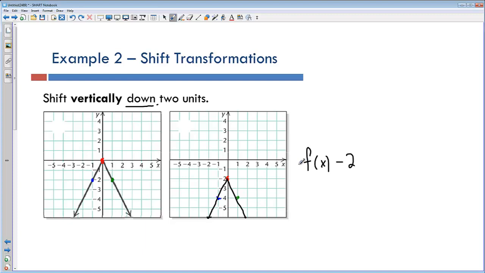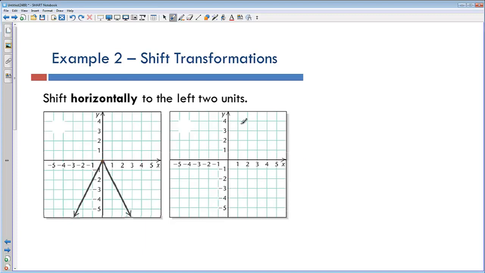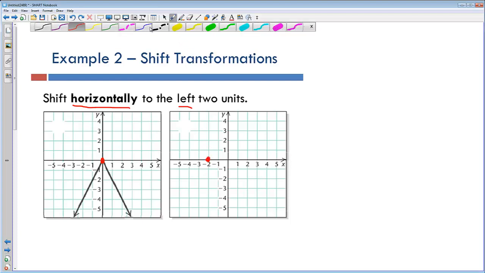Now, working with inputs is not as easy, and the reason for that is you have to kind of think everything's the opposite of what you think. But first, let's do the transformation with the graph, because it's actually pretty easy to do. So now we want to shift horizontally to the left 2 units. So this one's going to go to the left, 1, 2. So I'm going to move right here. And then that little blue point we had right here, it's going to go to the left, 1, 2.